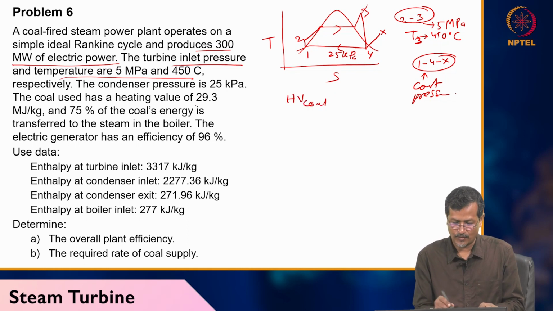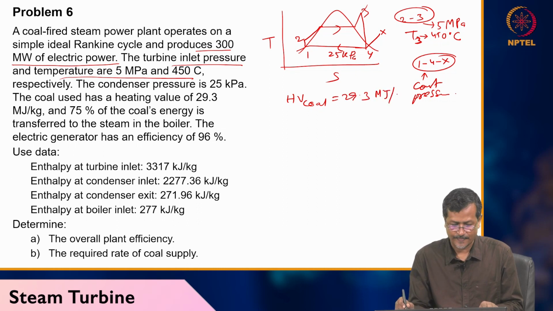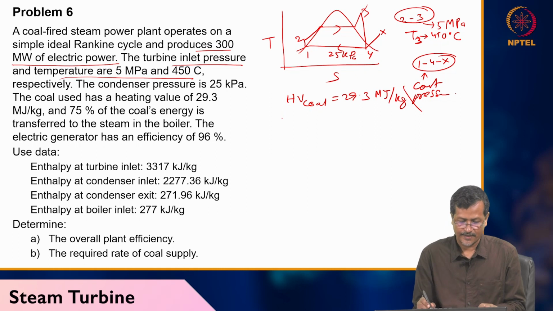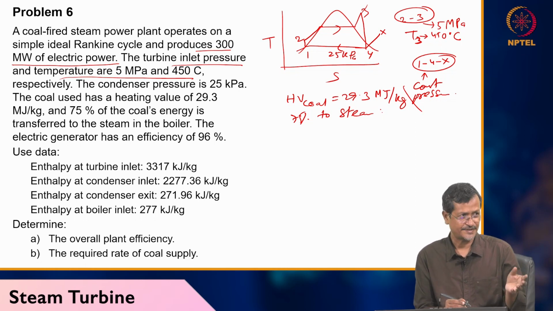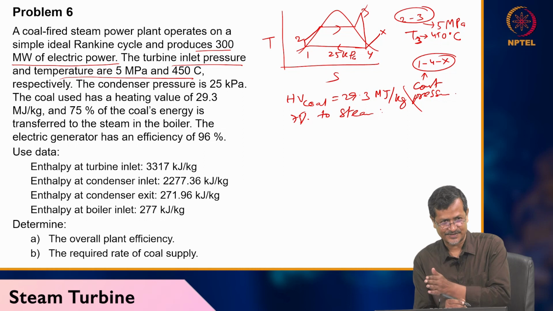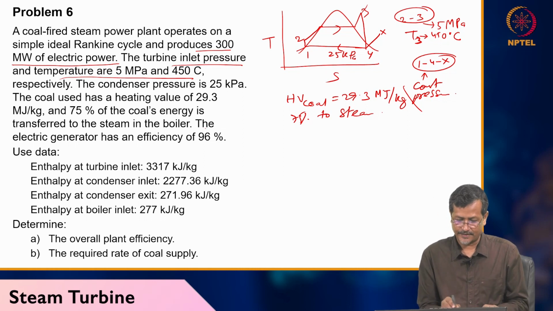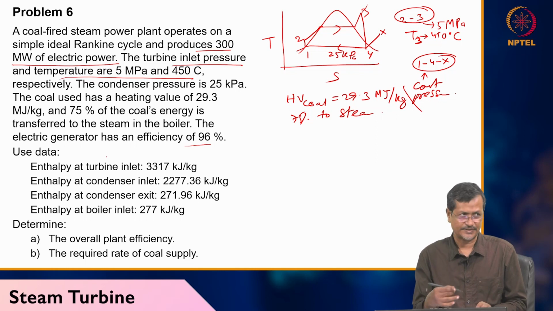Okay, heating value of coal is given, 29.3 megajoule per kg, and 75% of coal energy is transferred to steam, 75% goes to steam, so some energy is lost. Okay, because flue gas will take 25%, only 75% energy going to steam. The electric generator has an efficiency of 96%.